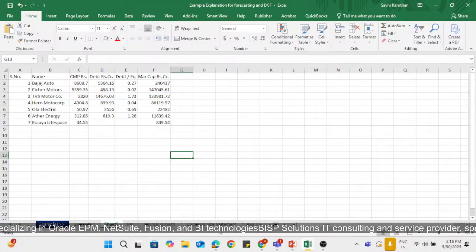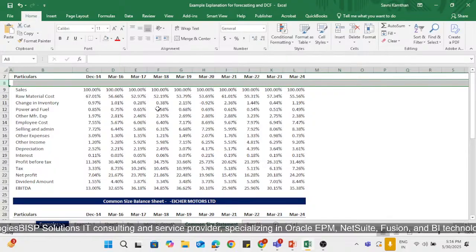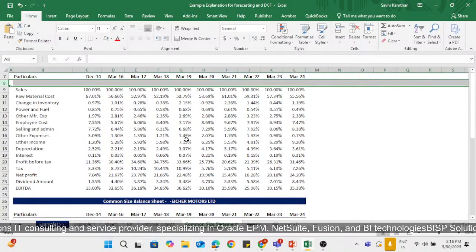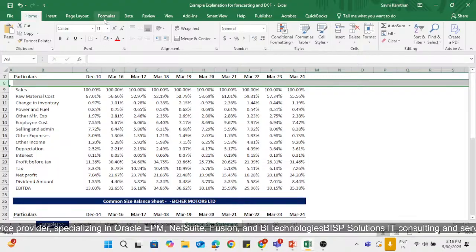So if we want to calculate our common size statement, which we discussed in our session today, common size statements are of two types. One second.